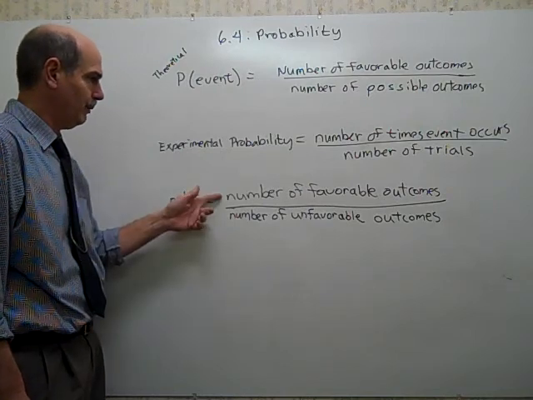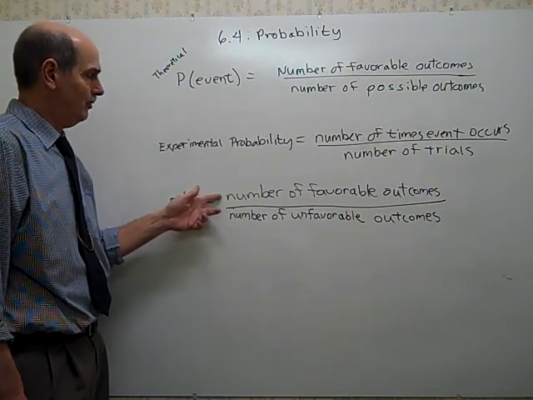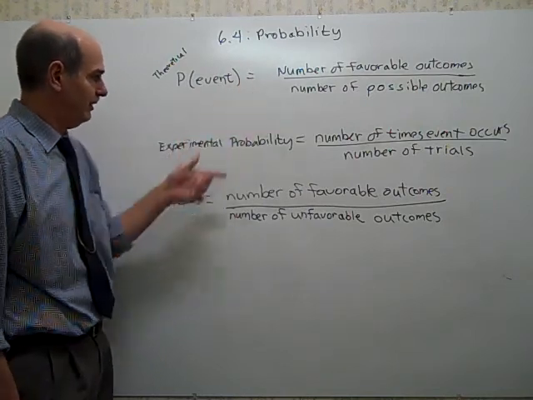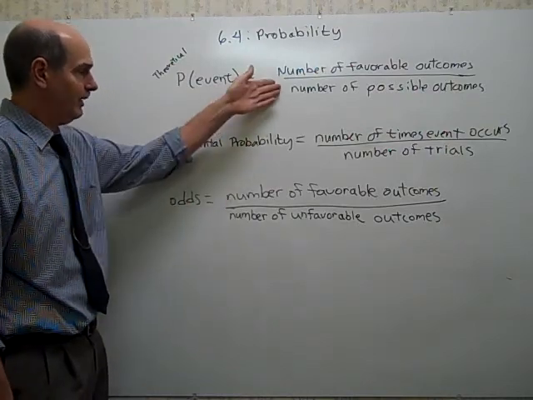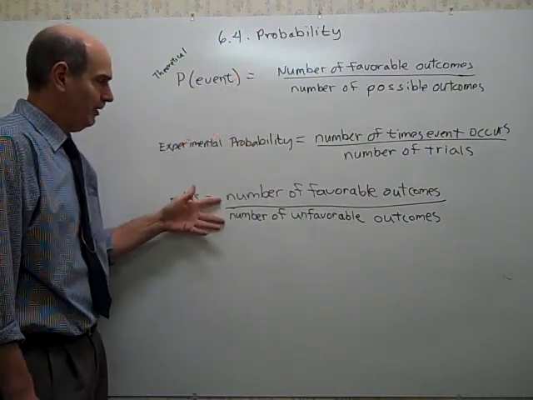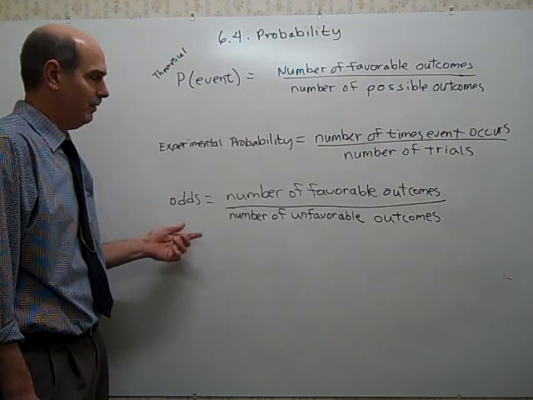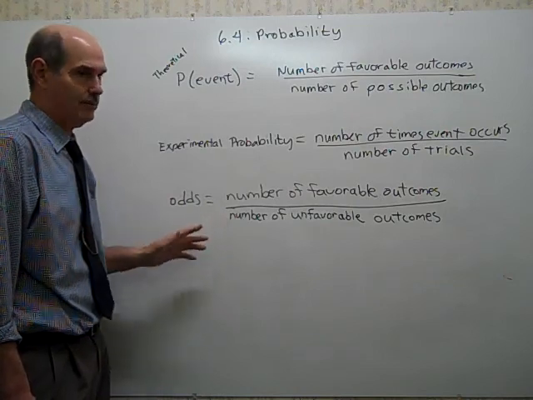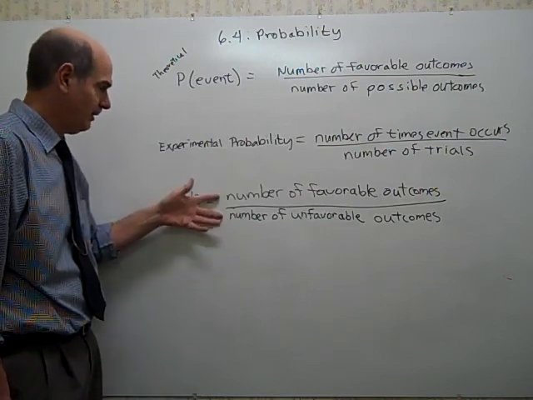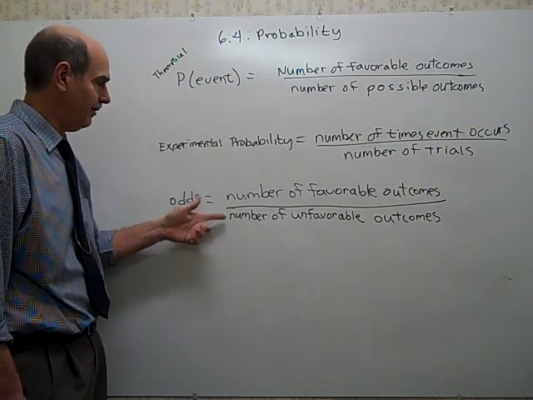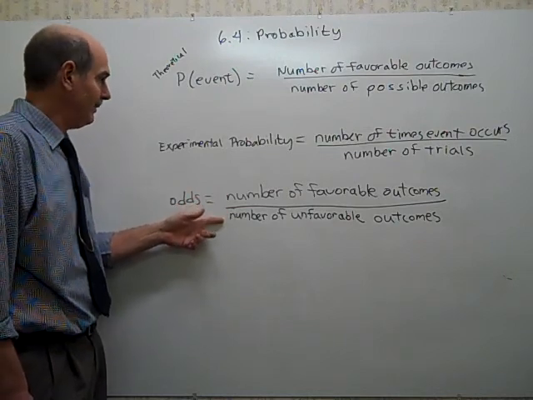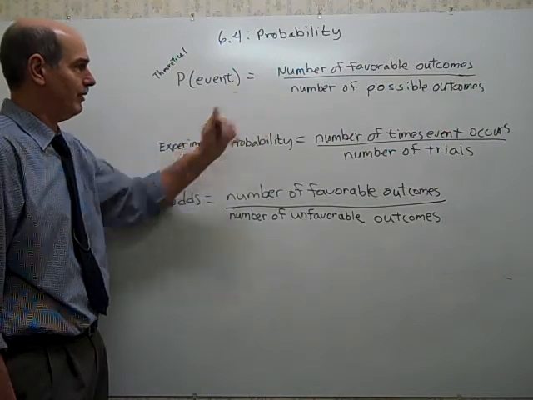There's only one favorable outcome. So the numerator would be 1 here and here, 1 out of 6 here, but there are 6 possible outcomes, but only 5 of them are not what you want. So the odds of getting a 2 would be 1 out of 5. But the probability of getting a 2 is 1 out of 6.